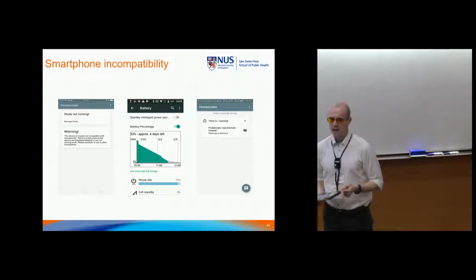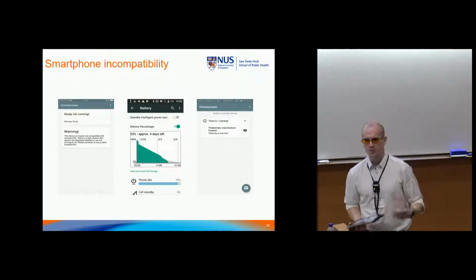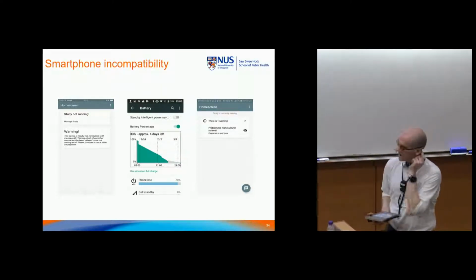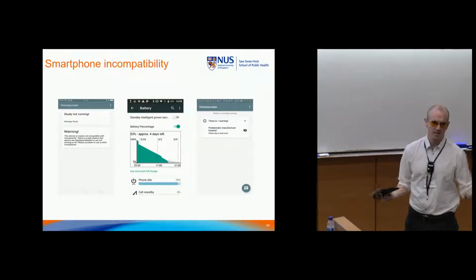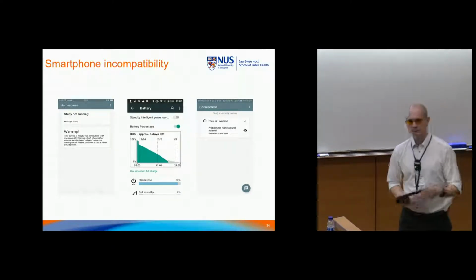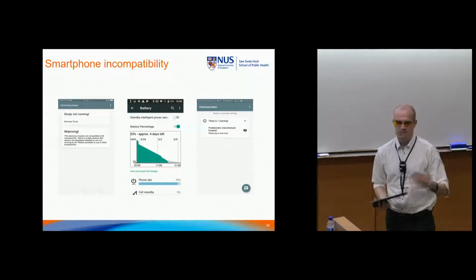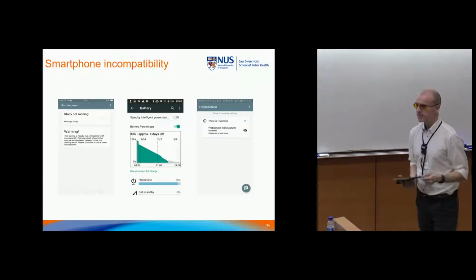Specifically, we had issues with battery saving functions. Many smartphones nowadays use battery saving functions, and they switch off the app if it's not being used continuously, and if the app is switched off, we can't administer surveys anymore. We found a way in some smartphones to reset them, essentially, but they tended to turn off again during the night. So that's quite an issue.